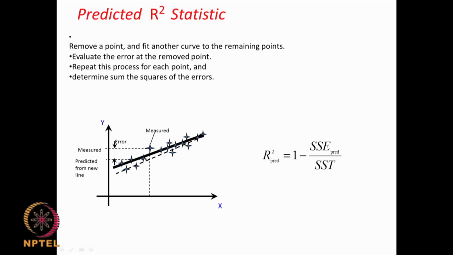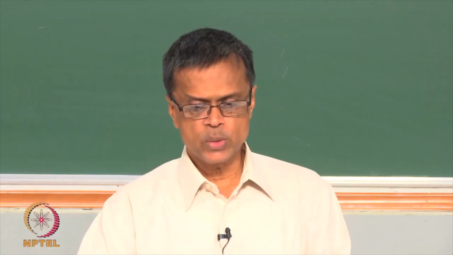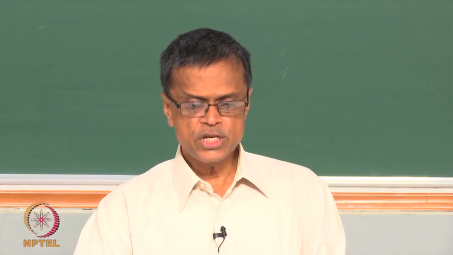So, you keep on doing that for each of the 10 points and then you add up those squared errors, that is called the sum of squares of the predicted errors. So, r square predicted is equal to 1 minus sum of squares of the predicted divided by total sum of squares. What is this? This is summation of yi minus y bar square. Do you understand how it is done?